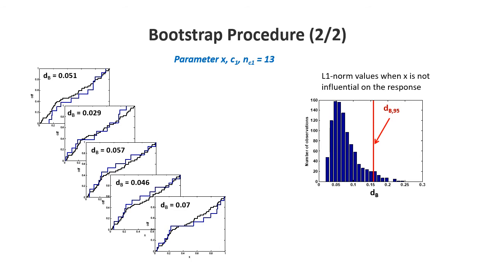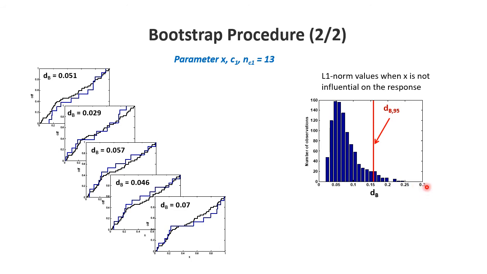So now I can look at this histogram and calculate, for example, a 95 percentile. What that means is that there's a 5% chance that despite the fact that I have no difference between the distributions, this distance can be higher than this particular value.